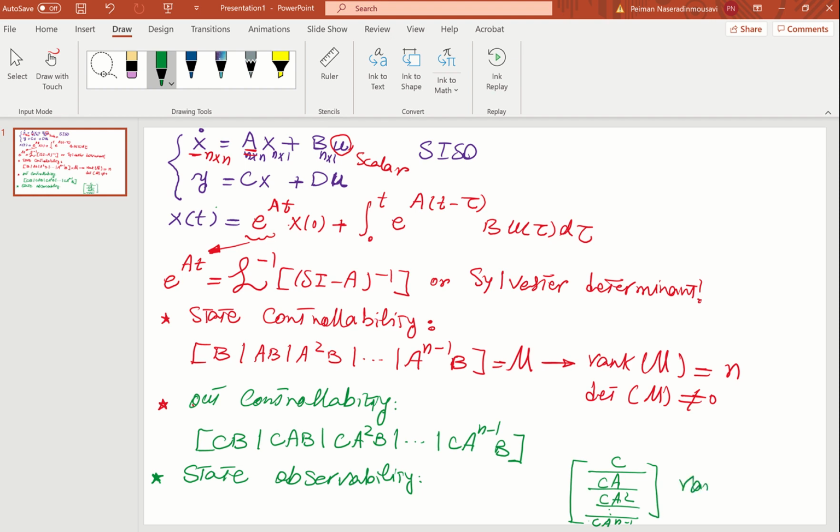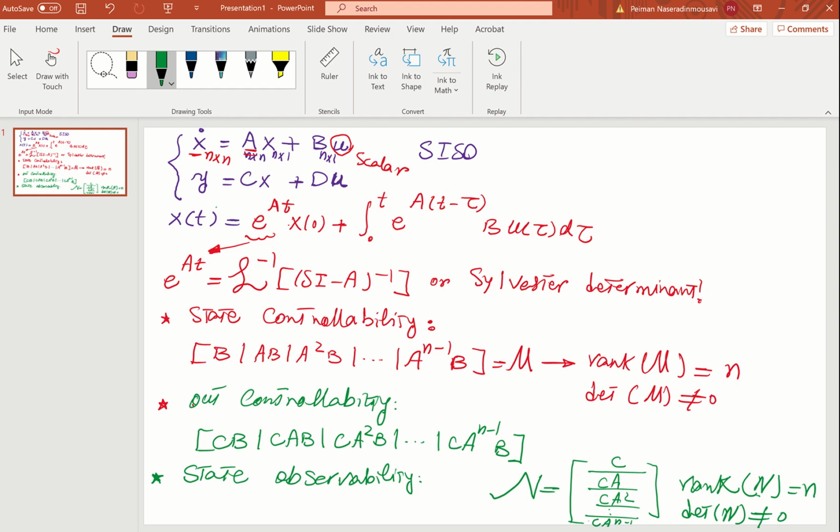Again, the rank of this matrix must be n. Understand? We have to check. Or the determinant of M, where A is square, must be non-singular.